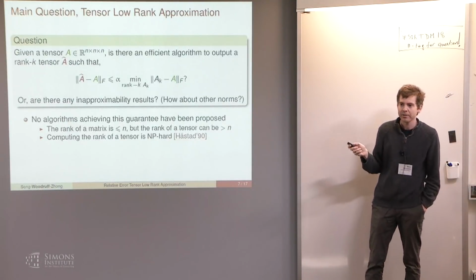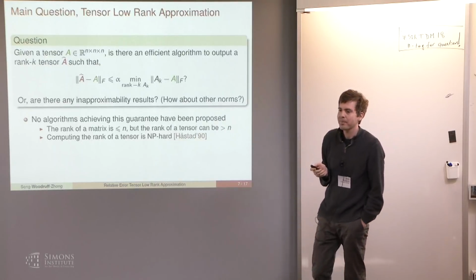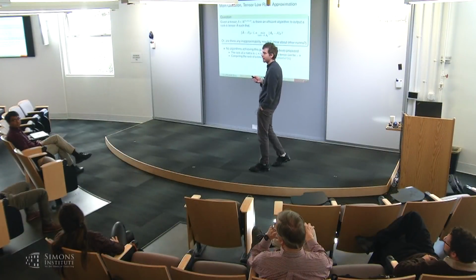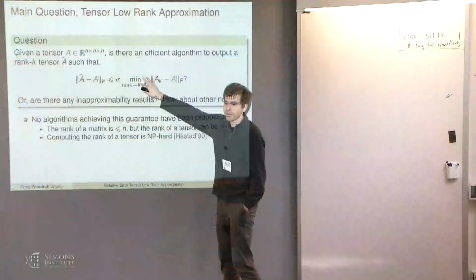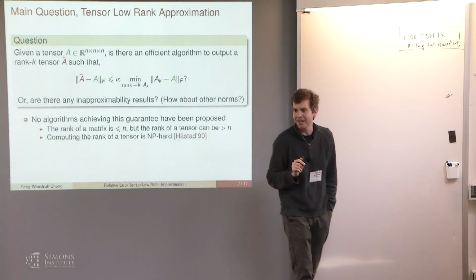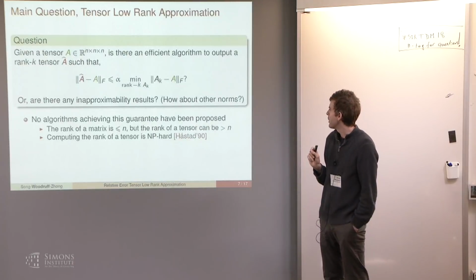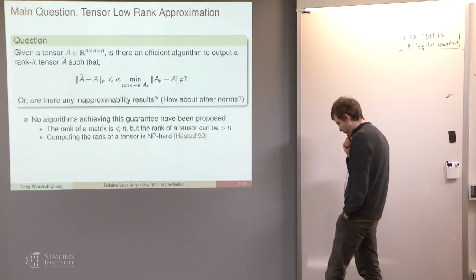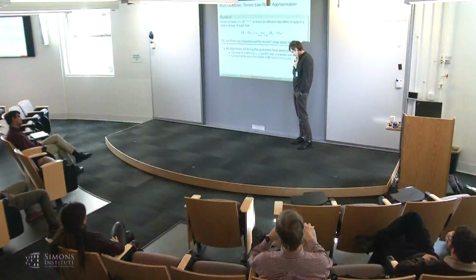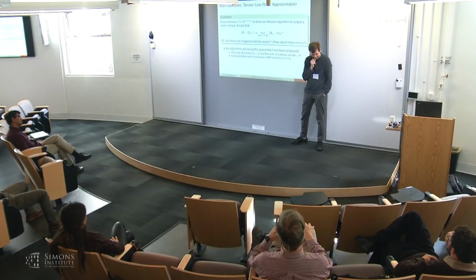Any questions? Yeah, Eric. What if you could output a rank 2k tensor? Output something with rank larger than k. Yeah, so we're actually going to do a bicriteria solution. So would you still have border rank issues? We have border rank issues.